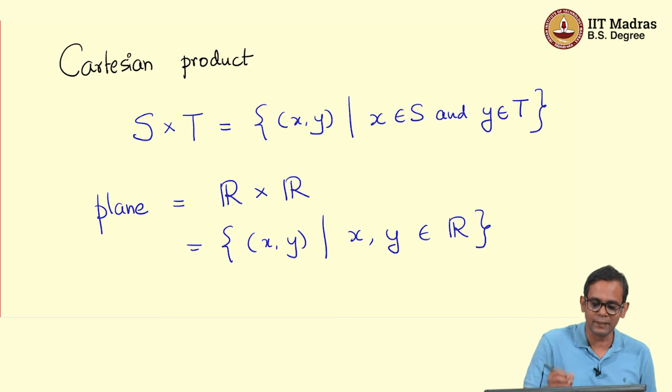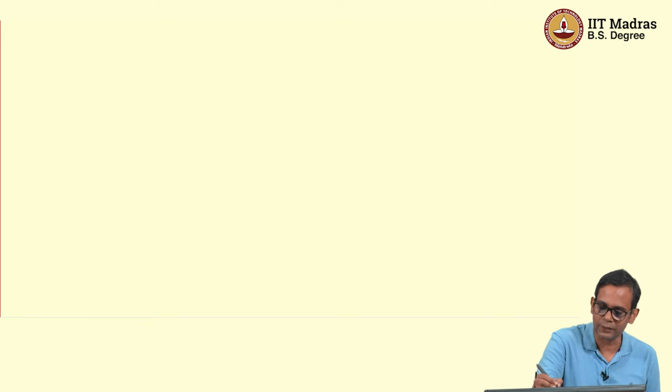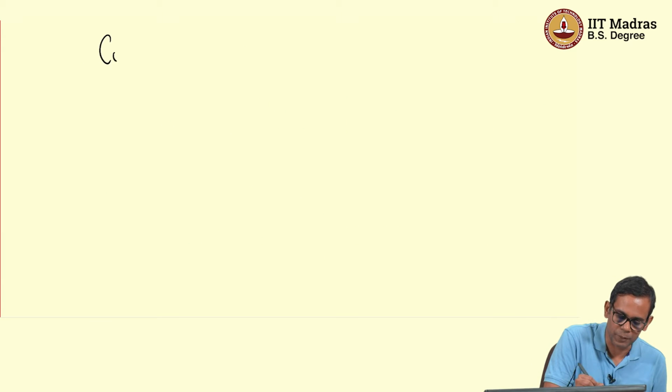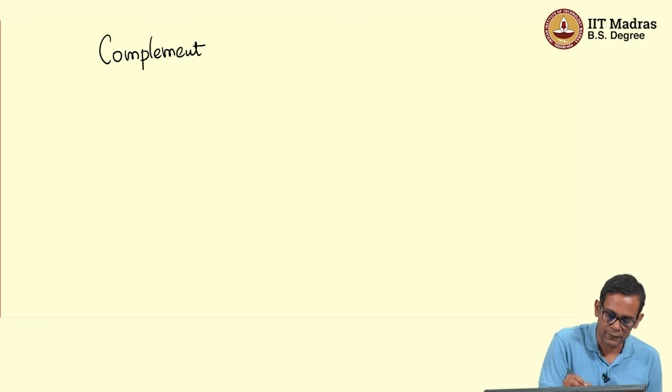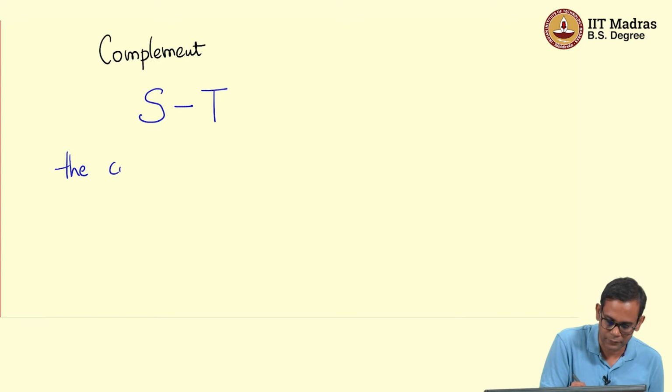The final set construction that we are going to look at today is the complement. If S and T are two sets, then the complement of T in S is usually denoted S minus T. It is like a subtraction of sets.